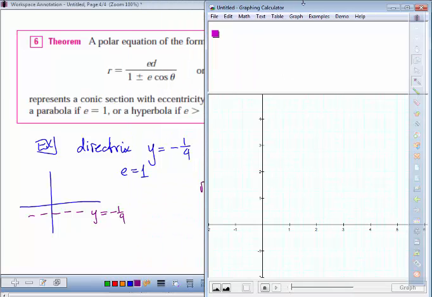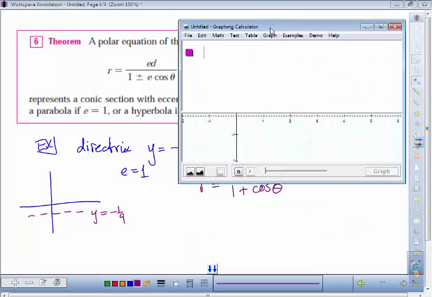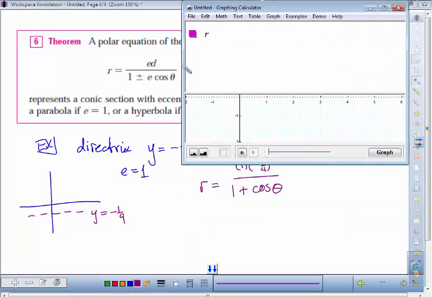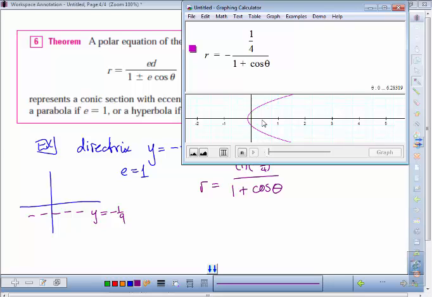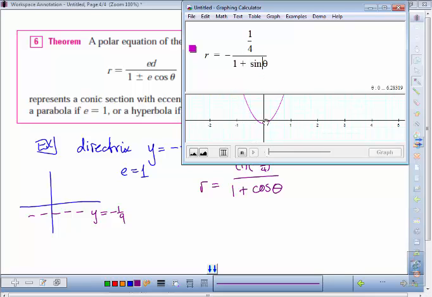Okay, so r is equal to negative 1/4 divided by 1 plus cosine theta. Uh-oh. That went sideways. Oh, I need to use a sine. Ah, it didn't go to 0. Oh well.